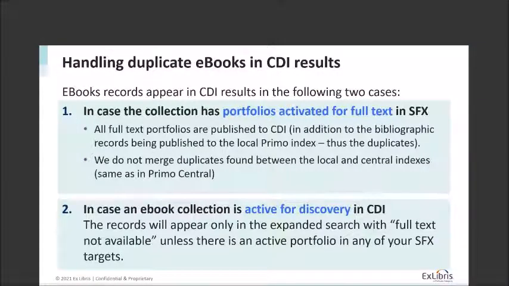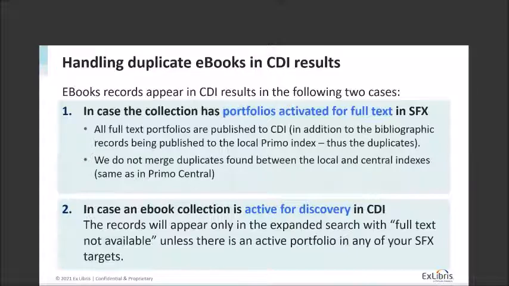First thing I want to talk about is something that comes up in some of the support questions that we receive, and this has to do with handling duplicate eBooks in CDI. What we see in some cases for customers that use a blended search in Primo, so a search where they search both Primo local and CDI, is that they get duplicate ebook results.